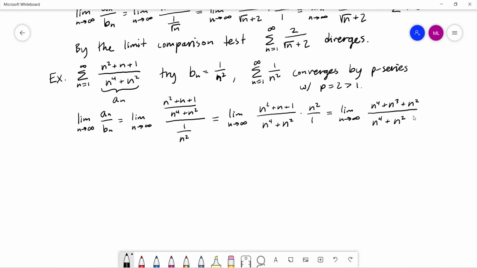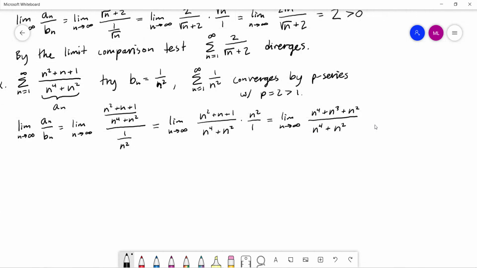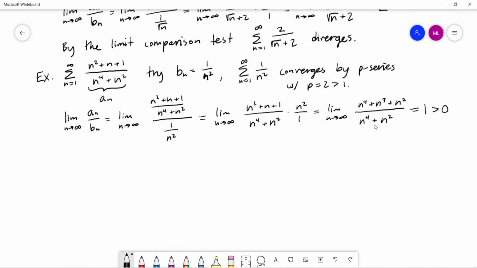The lower powers of n don't matter. For very large values of n, all I care about is the highest powers of n and their ratio. The ratio of the n to the 4th on top and the n to the 4th on the bottom is 1, which is greater than 0. So we get a constant that is positive.